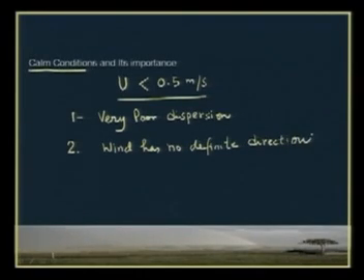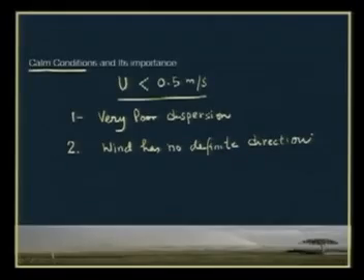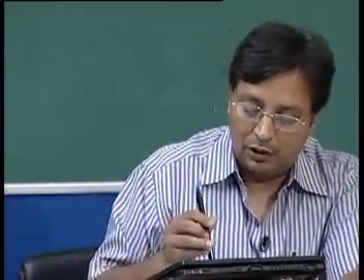It means the direction changes from place to place, and that also is a very troublesome situation. And I'll show you why it's a difficult situation. We have the calm conditions, and when wind direction is not constant, it is really changing from place to place within a short time. And to give you a little of this concept, this is the point number 2 which I was referring to.